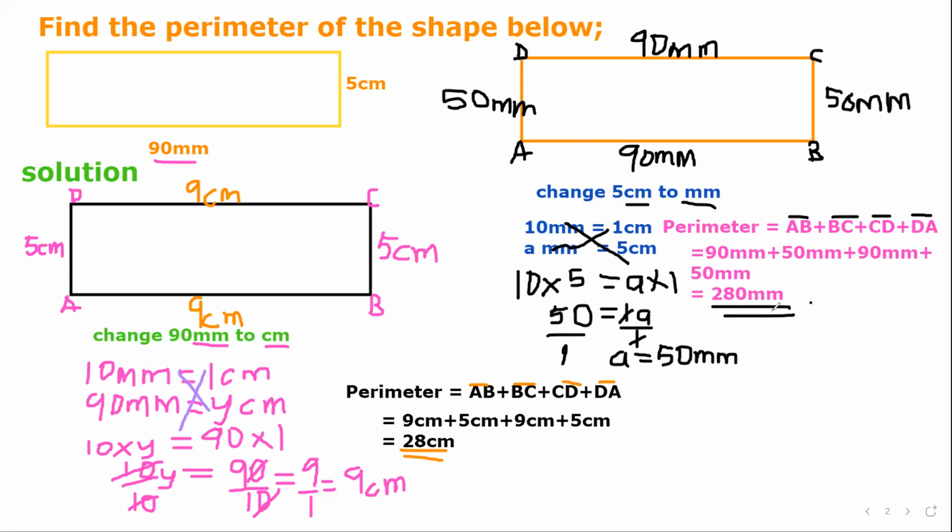Now that is how you solve. So you can choose one. It's not advisable to solve the two at the same time. You choose one. It's either you change to centimeters, you solve, and that ends it, or you change to millimeters and then you solve, and that ends it. Good.